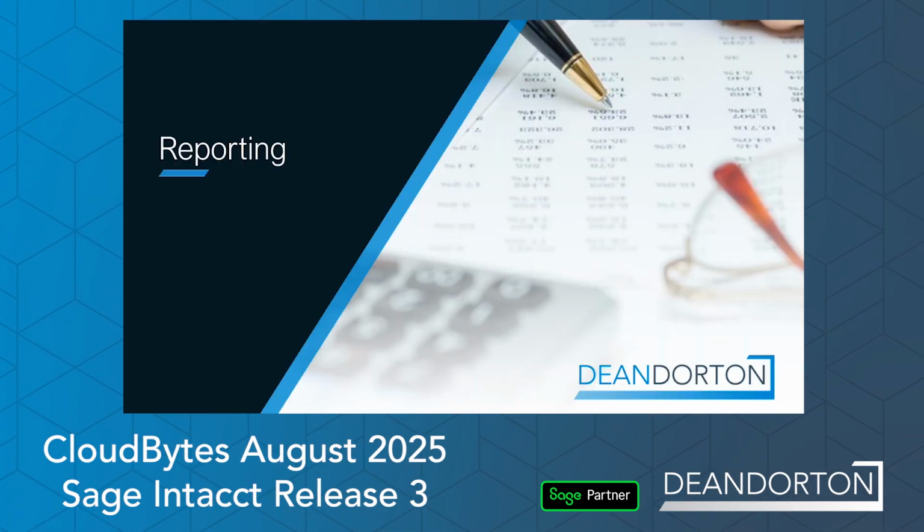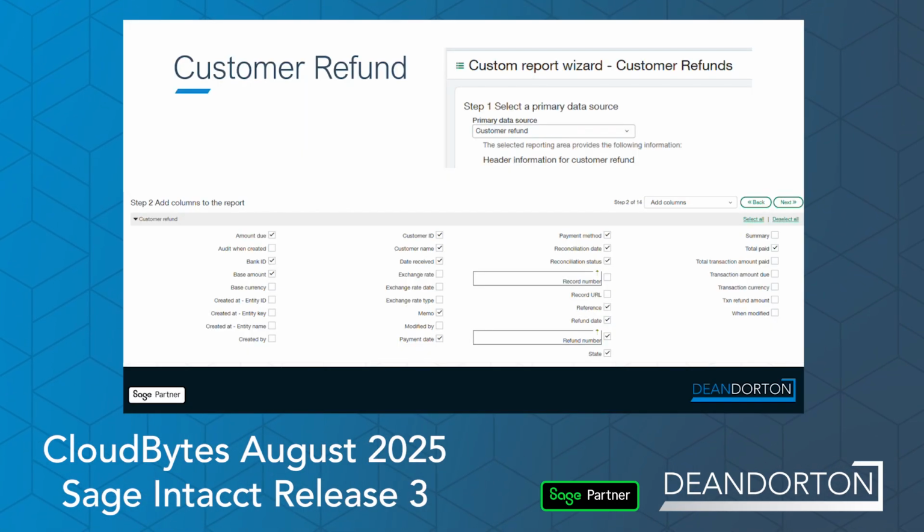So let's talk a little bit about reporting. And no surprise here in the reporting, one of the things that we're going to talk about is a new custom report wizard object called customer refund. So if you're in here in the custom report writer, there is a customer refund object. And this is basically just telling you that it exists.